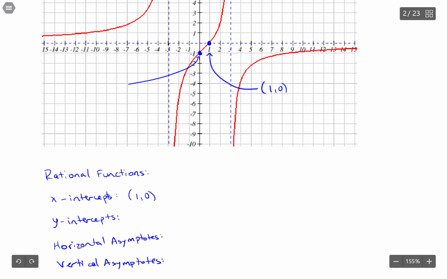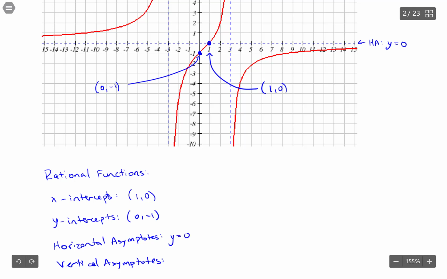And in this case, the y-intercept is going to be (0, -1). Horizontal asymptotes, those are just horizontal lines dictating where the graph is going as we let x go to infinity. So this horizontal asymptote right here has the equation y = 0.